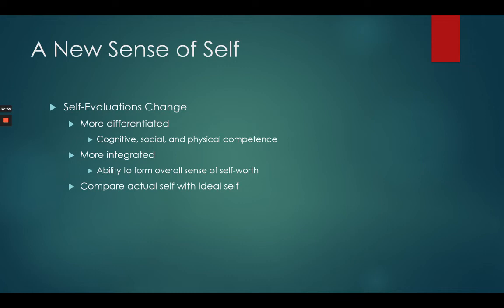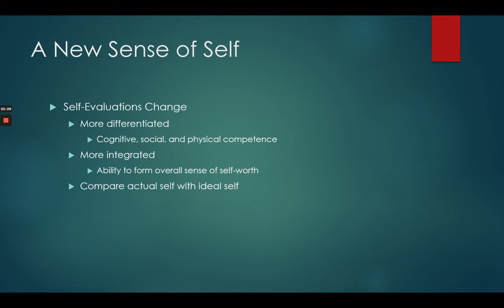And kids at this age in middle childhood not only are comparing themselves to other kids, but they're also comparing themselves to ideally, what should I be? So part of the evaluations of the self at this age is also in terms of I should be this way. In these aspects, I am this way. In these other aspects, I'm not. So there's this comparison with what I actually am and the ideal self.